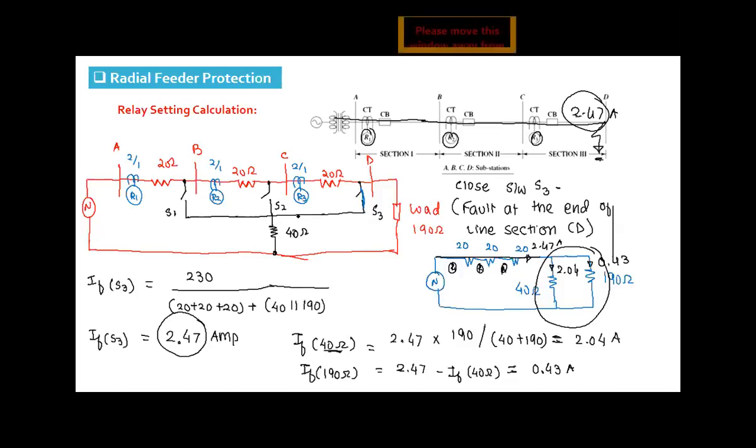R2 must pick up. If R2 does not pick up, it will not give backup. And in the same way, if R1 does not pick up, it will not give backup. So now I think you understand that backup will be given only if it picks up. So that is how you have to carefully consider this setting that for any fault on line section CD, R2 is going to pick up, as well as R3 is going to pick up, but R2 and R1 should also pick up.